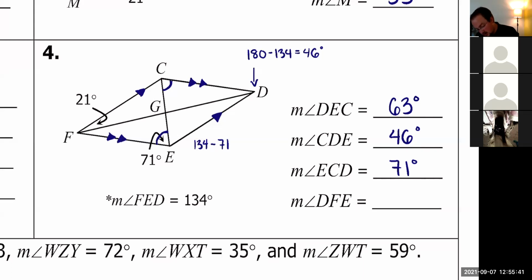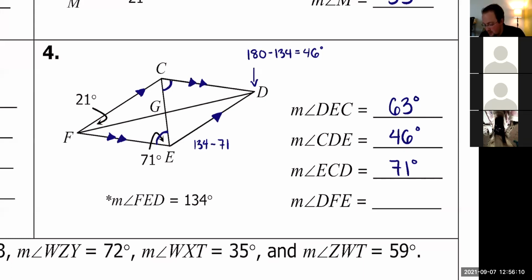And then the last one, angle DFE. Let's see, where is that at? DFE. Okay. Well, DFE, this one's going to be a bit of a process because I'm looking for this information right in here. Well, I know part of that split angle is 21 degrees. Do I know what this whole angle is down here in corner F?